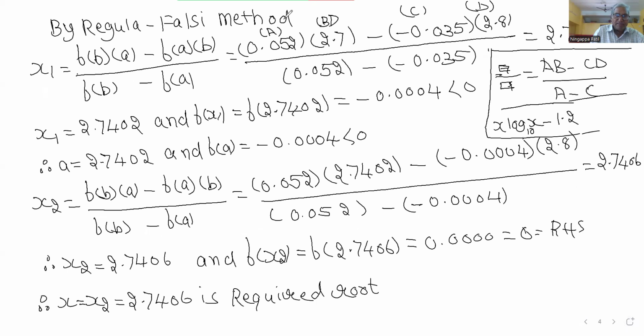By the regula falsi method, x1 equal to [f(B) into A minus f(A) into B] divided by [f(B) minus f(A)]. You put f(B) 0.052, A 2.7, f(A) minus 0.035 and B value 2.8, divided by f(B) 0.052 minus f(A) minus 0.035. Now you calculate this value.